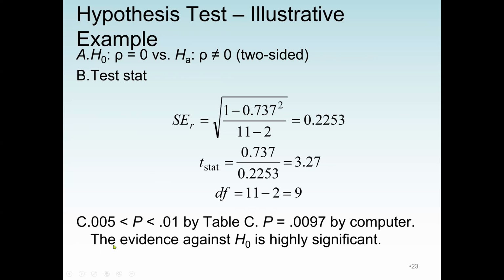So we say the evidence against H0 is highly significant since it falls within the P range. If the P value is greater than alpha, then we retain H0. But here we have evidence against H0, which means we reject H0 because the P value is very small.